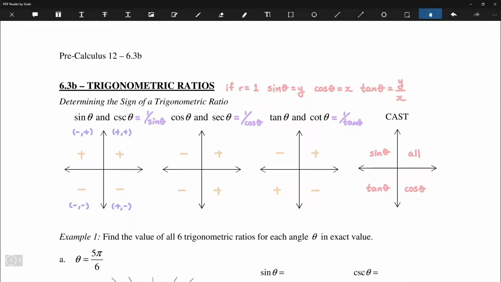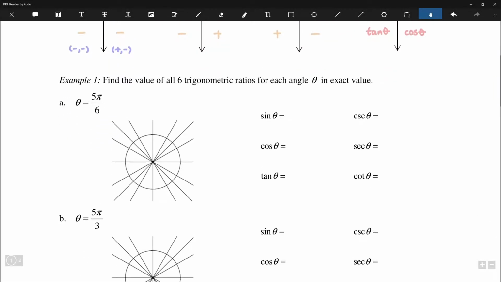Okay, so with that in mind, we can now find the value of all 6 trigonometric ratios for a given angle in exact values, provided that the angles in question are related to special triangles. So here we have theta is equal to 5 pi over 6. So one way of working with this question is to consider that 5 pi over 6, if we multiply by 180 degrees and divide by pi, that will give us 150 degrees.